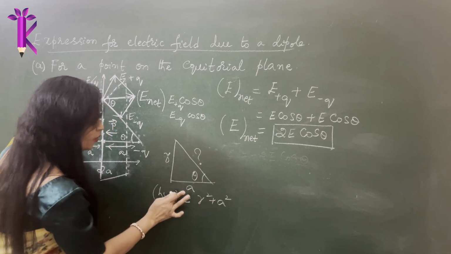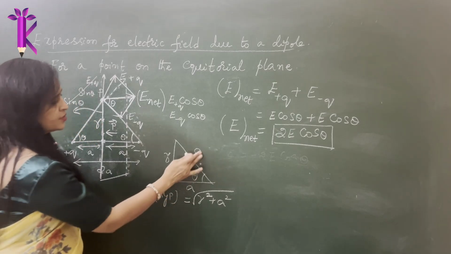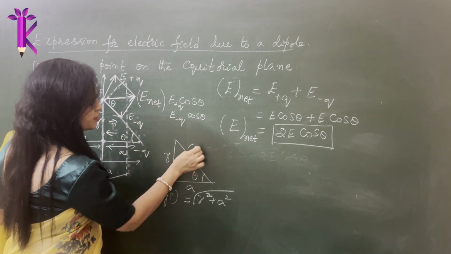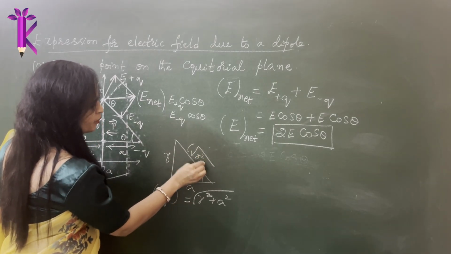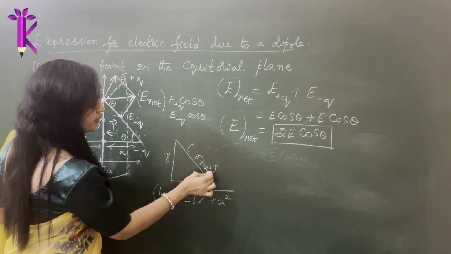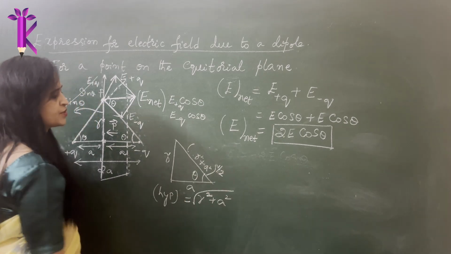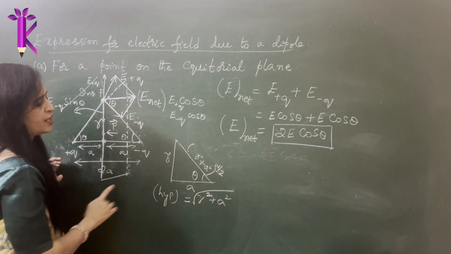So the hypotenuse will be the square root of r square plus a square, or the square root can also be written as r square plus a square whole to the power of half.